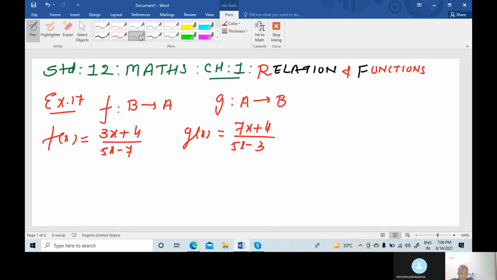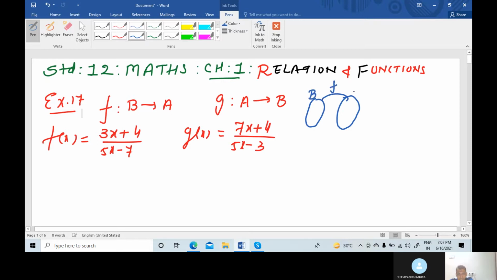Here first we draw the figure. Suppose this is your function F, say the domain B and codomain A. Now we draw the domain and codomain for function G, here with the domain A and codomain B. Now put here x, on the right side the answer F(x).